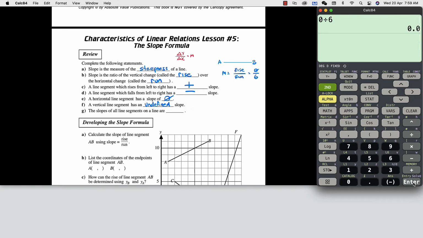So every horizontal line is going to have a slope equal to 0.